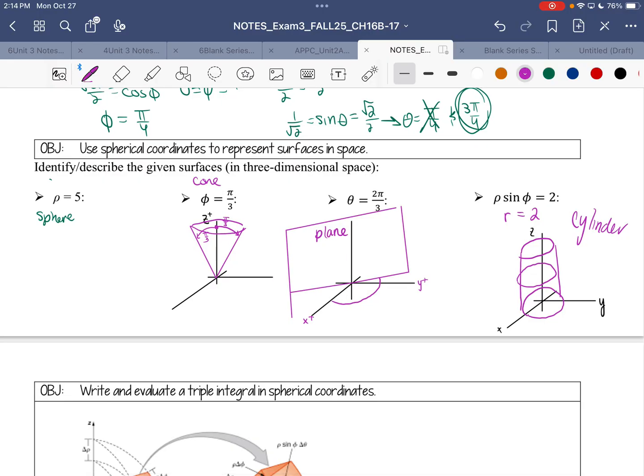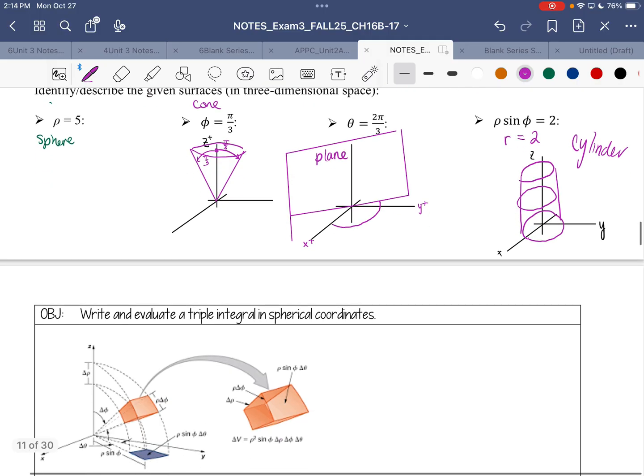So this is just to help if there are any questions about the shape or to help you visualize, etc. Let's actually do some calculus.